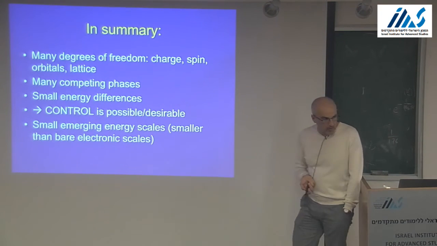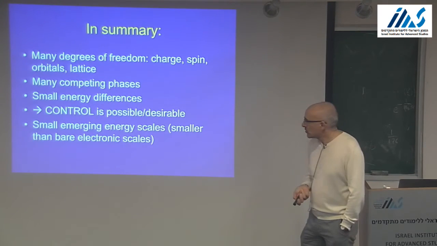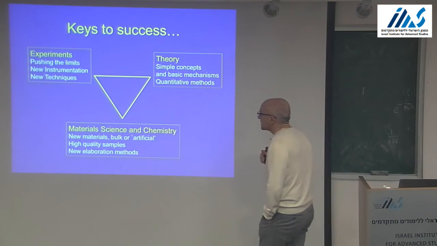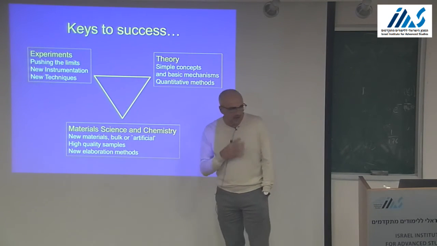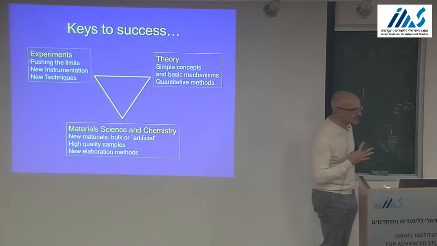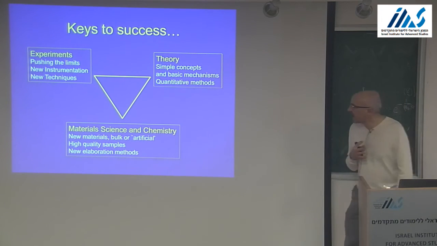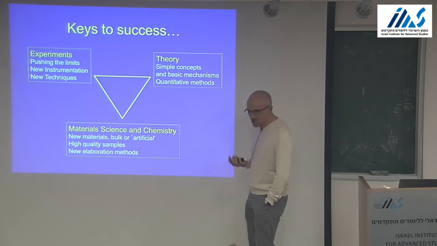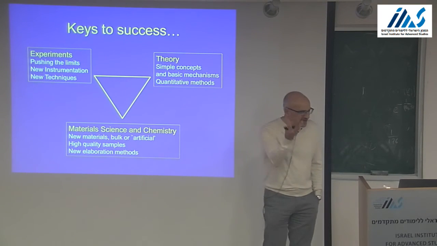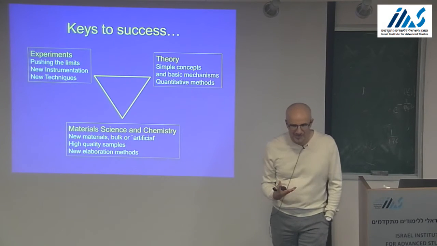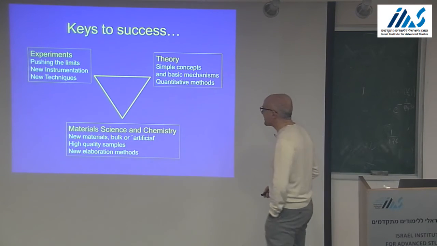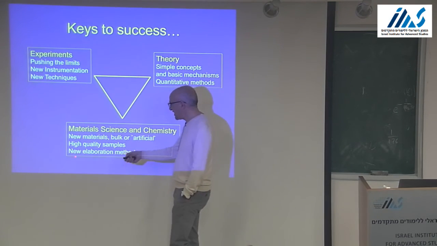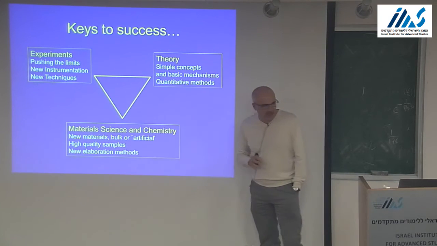Okay, so this essentially concludes this very introductory part. There is one thing I still want to emphasize, which is that the key to success in this field is to have a magic triangle of activities, which entirely relies on one thing only. I don't know how to display a triangle that doesn't look unstable, but that's what this is supposed to mean. This is a solid base, which is the elaboration of materials.